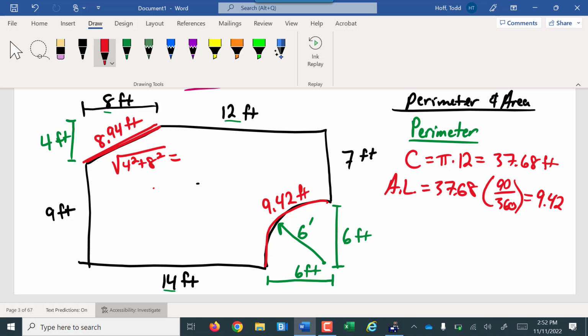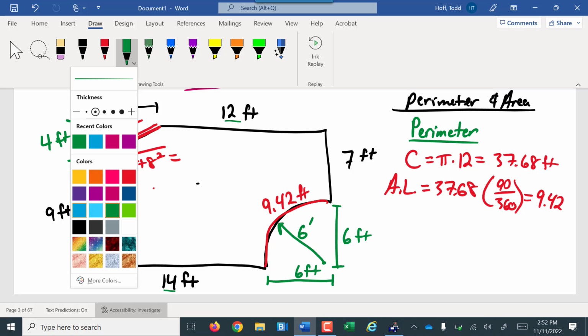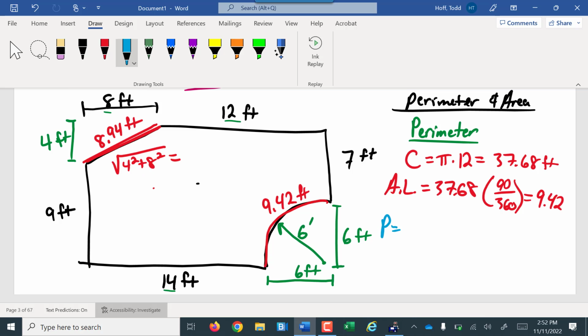So we get 9.42 feet. So then the perimeter is 9.42 plus 7 plus 12 plus 8.94. And my writing is really sloppy for some reason. Plus 9 here, plus 14 there.